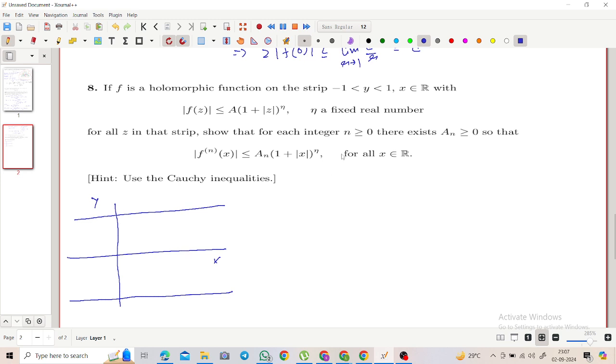So first fix r such that 0 is less than r less than 1.